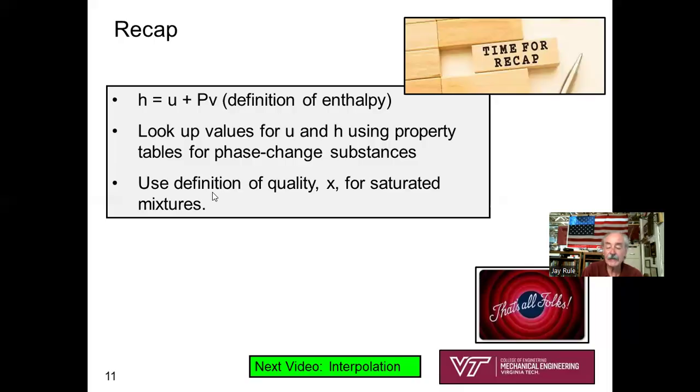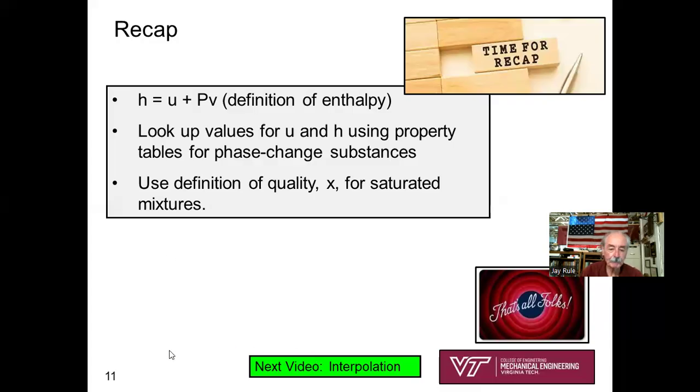And then for saturated mixtures, of course, you're going to use the definition of quality X. You've got to write down UG and UF, but how do you combine those to get a numerical result for your U value? I hope I showed you a little trick: when you remember the definition of quality X, that can help guide you in remembering the formula needed to get to that final U result.